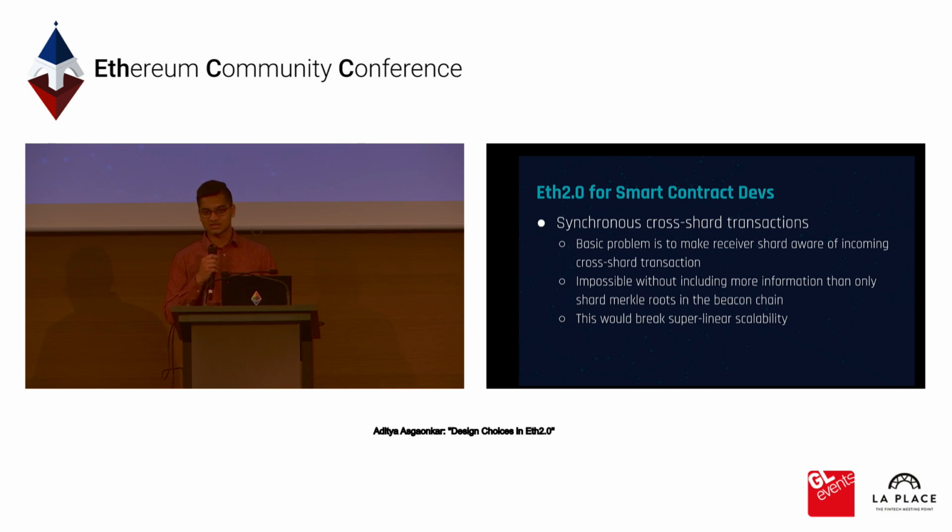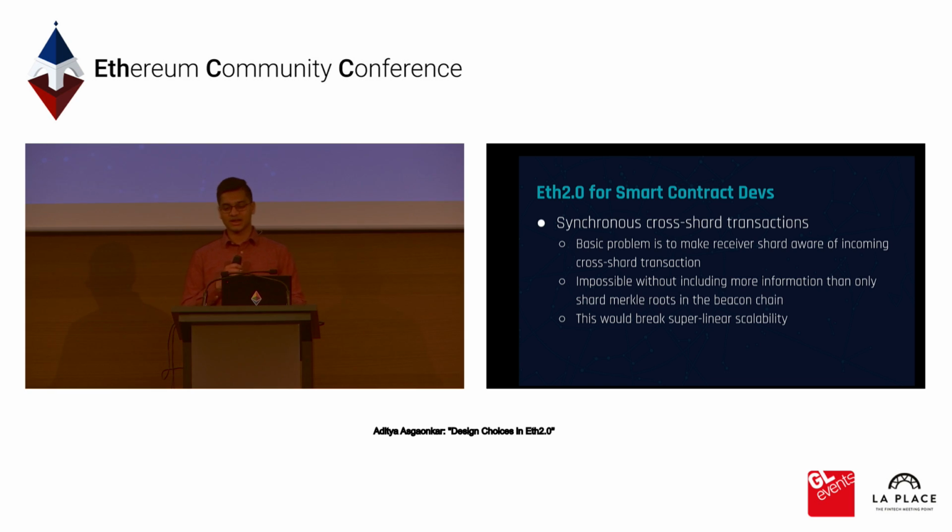What that achieves is since all validators are a part of the beacon chain, everyone on shard A and everyone on shard B is always a part of the beacon chain. They can always refer to it as the coordination point. And if you include these cross-shard transactions into the beacon chain, then everyone is aware of it, and you don't have to worry about this problem of how to make it available to the receiving shard.